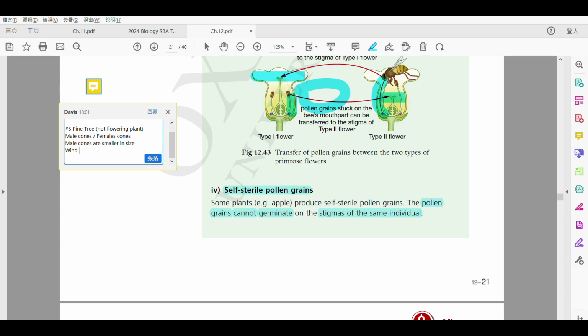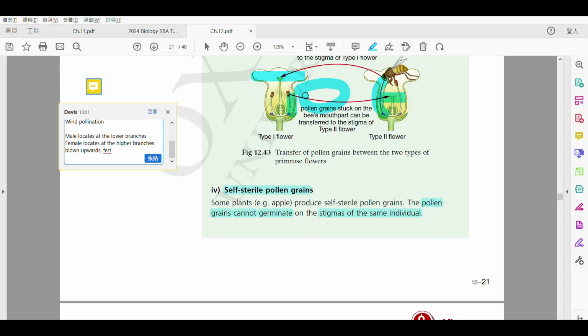They use wind pollination. Okay, so how does it encourage cross pollination? It's like in a tree, the male locates at the lower branches and the female locates at the higher branches. Okay, so when the wind blows, just assume the male gametes will be blown upwards. And usually wind will not blow vertically upwards.